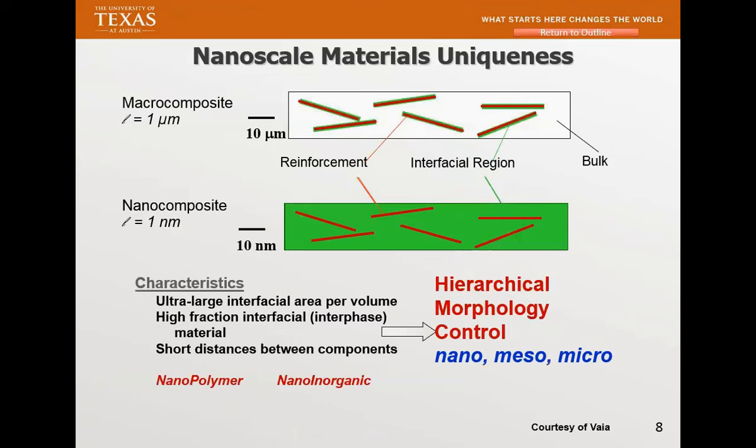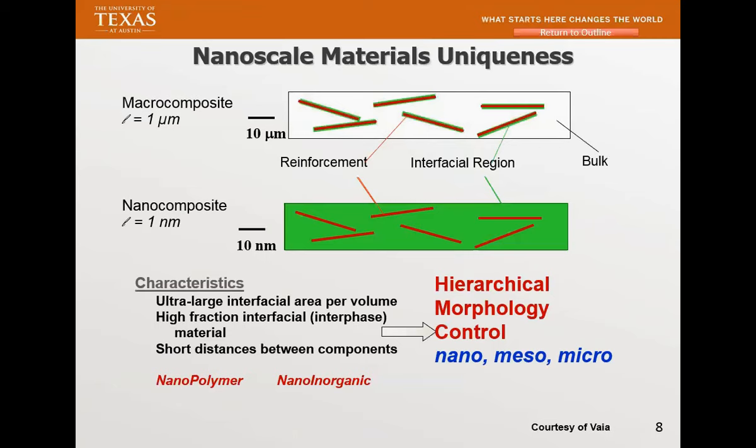When you deal with conventional macro composite, carbon fibers, or silica fiber composite, they are talking about actually micron size fibers. So the interaction between the resin and the fibers is very close. And when you go down to nanomaterials, at least one dimension of these nanoparticles is in nano size.